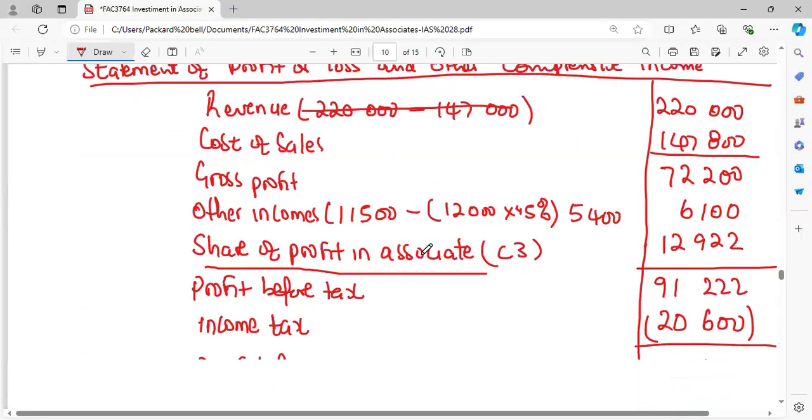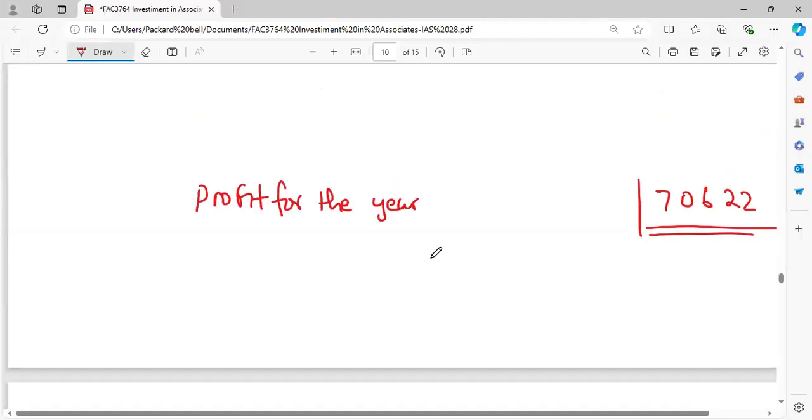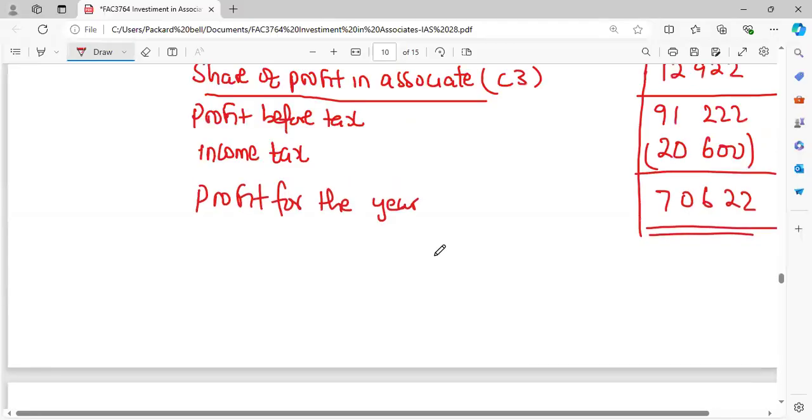I want to show you how you do your statement of financial position based on the information that we have. I think we still have 20 minutes. Anyone with a question before we continue?